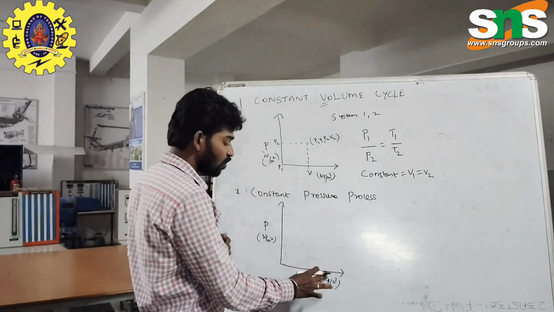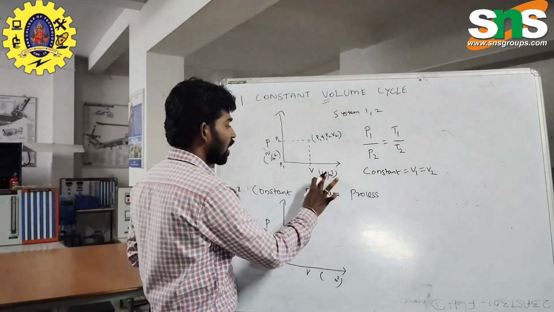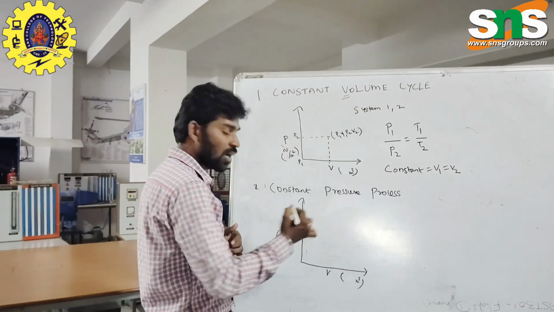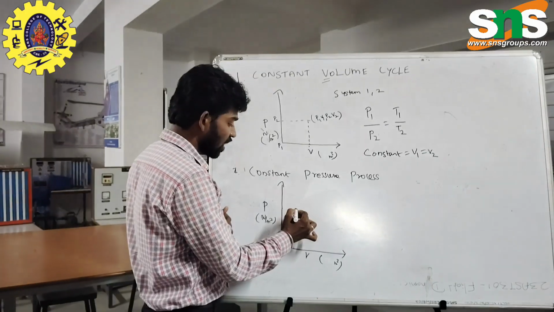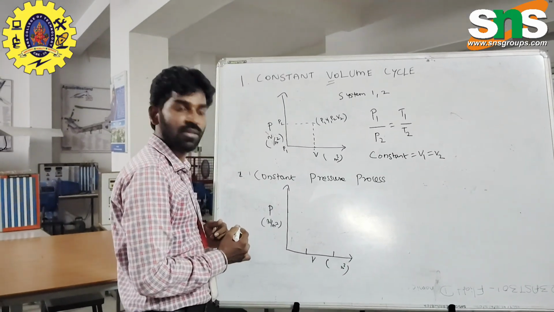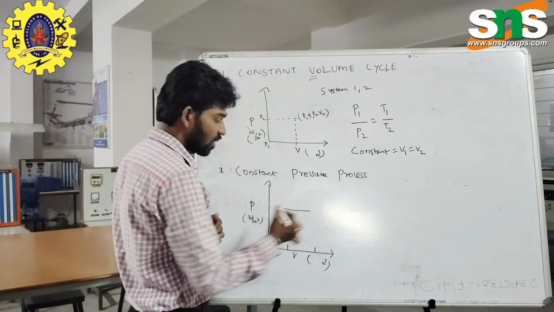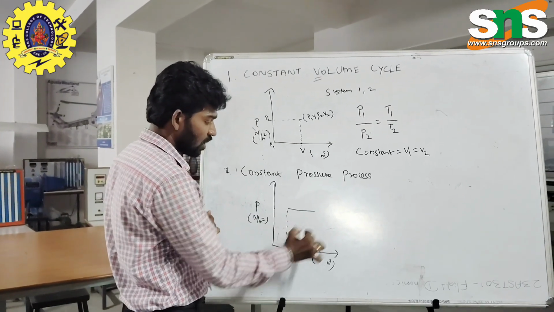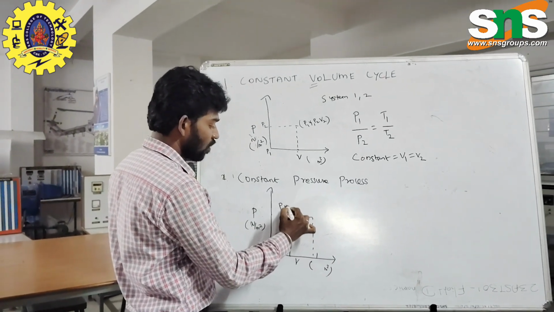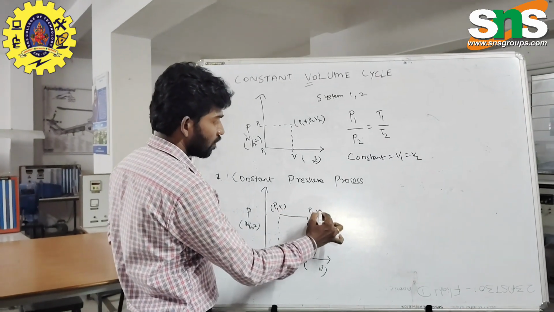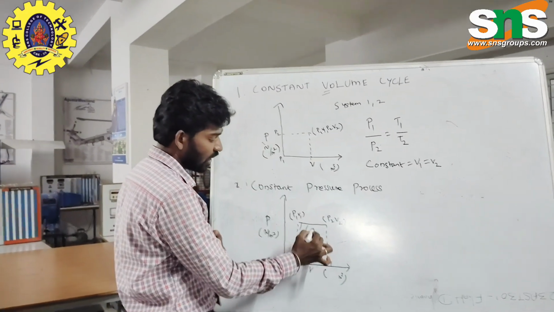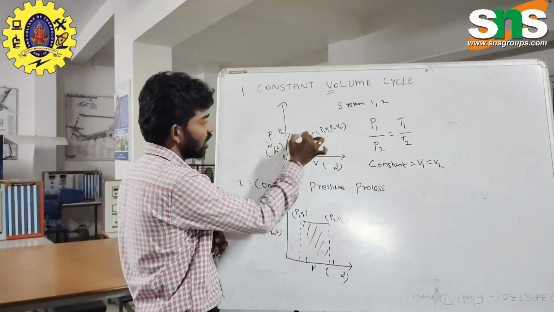Here the pressure P is a constant value and the volume is changing. So the constant pressure process is represented by P1 V1 and this is P2 V2. This area is the constant pressure process area.